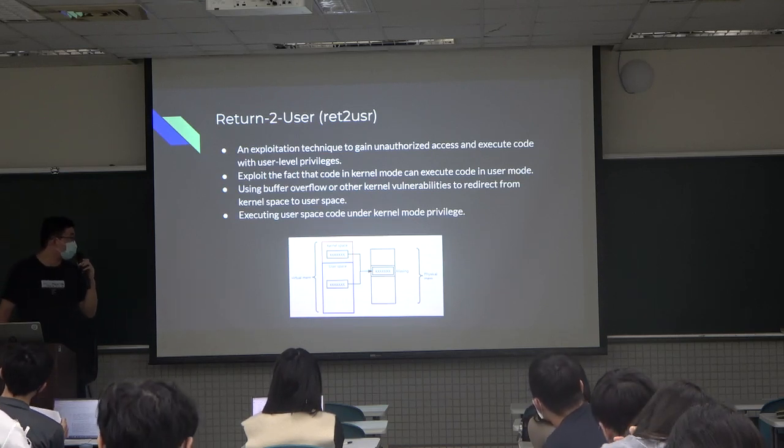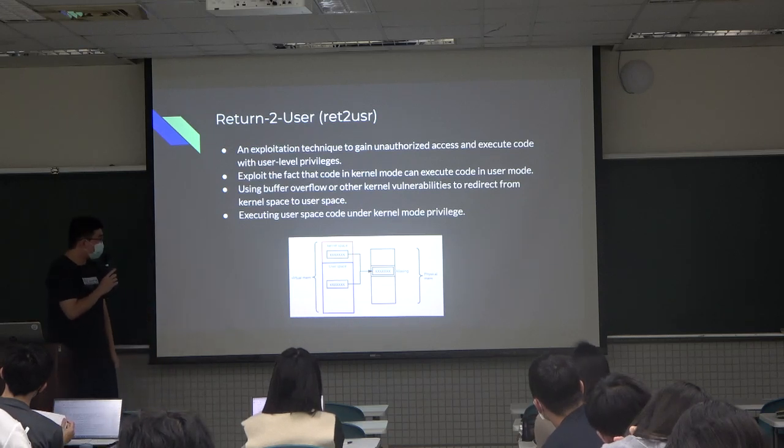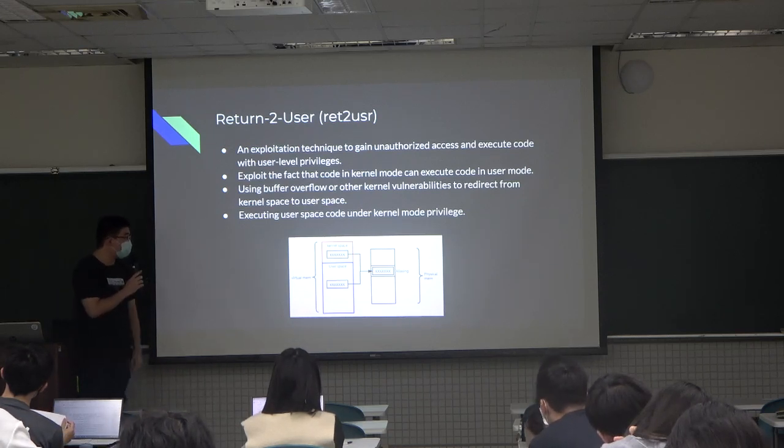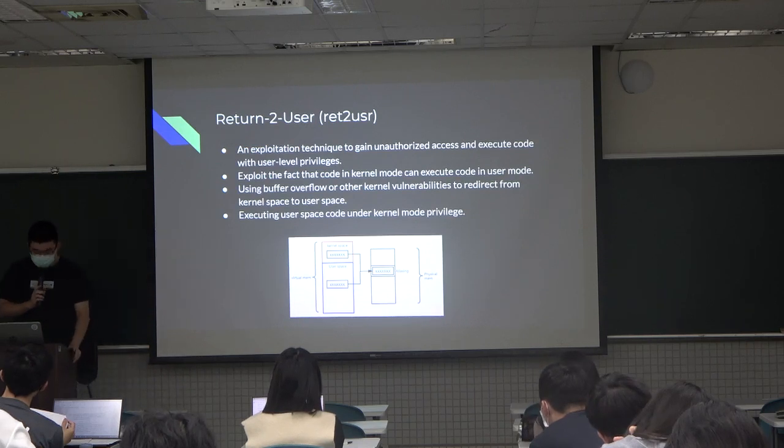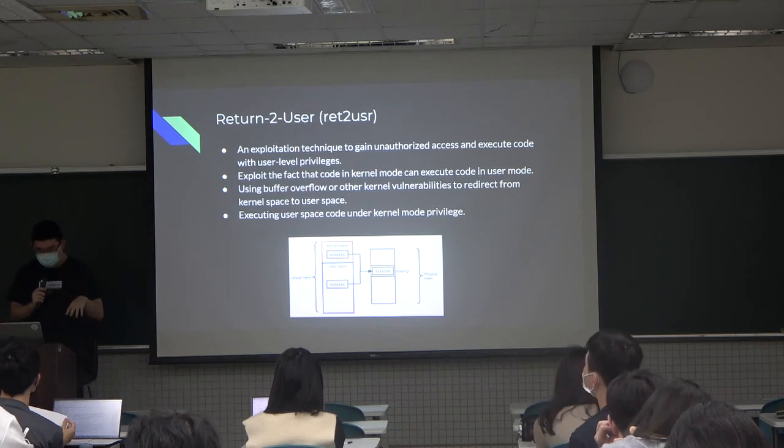So we want to put our malicious code in user space and then get the privilege in kernel space. So we first buffer overflow the stack in kernel space and then jump to the user space where our malicious code is.